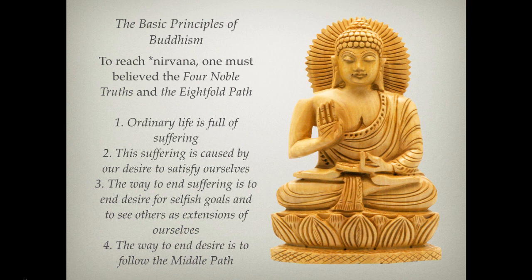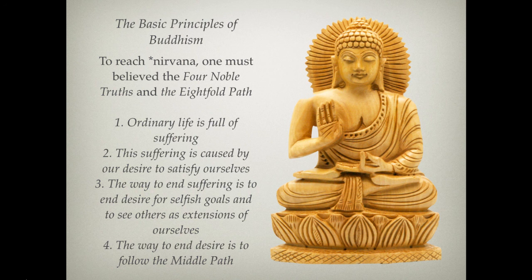Now, first, let's deal with the Four Noble Truths. The first noble truth is that ordinary life is full of suffering. That life is hard and horrible, and that's just a general principle that we need to believe. Second, this suffering is caused by our desire to satisfy ourselves. Right? We cause each other to suffer because we're after our own benefit. And so Siddhartha sees this principle at work everywhere.